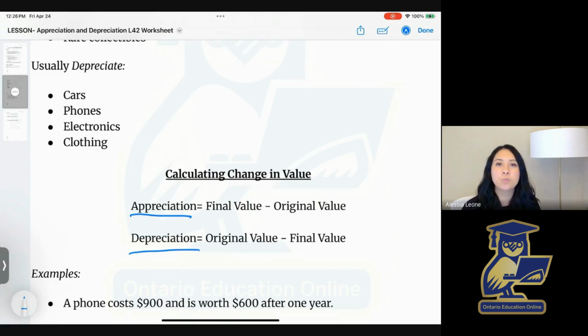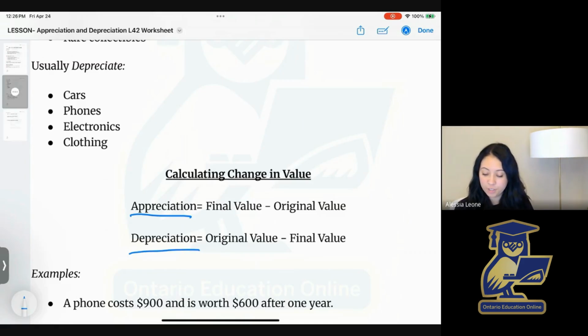So if a house is worth $1 million today, but it was built in the 19-whatever and it was worth $100,000 when it first got made, we're going to take the $1 million it is today, we're going to subtract that $100,000 that it was worth when it was first built, and we'll see the difference. We'll see how much it's gone up in value, how much it's appreciated.